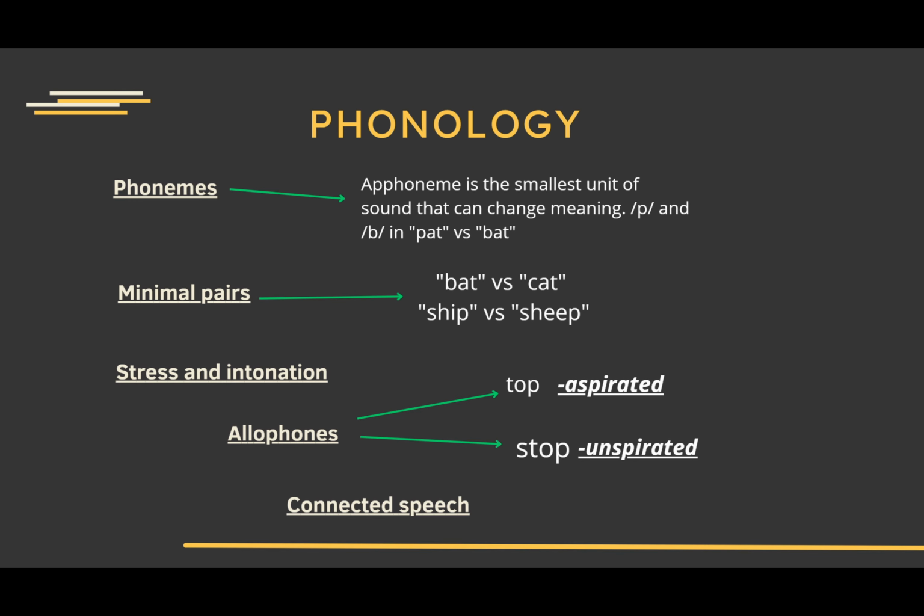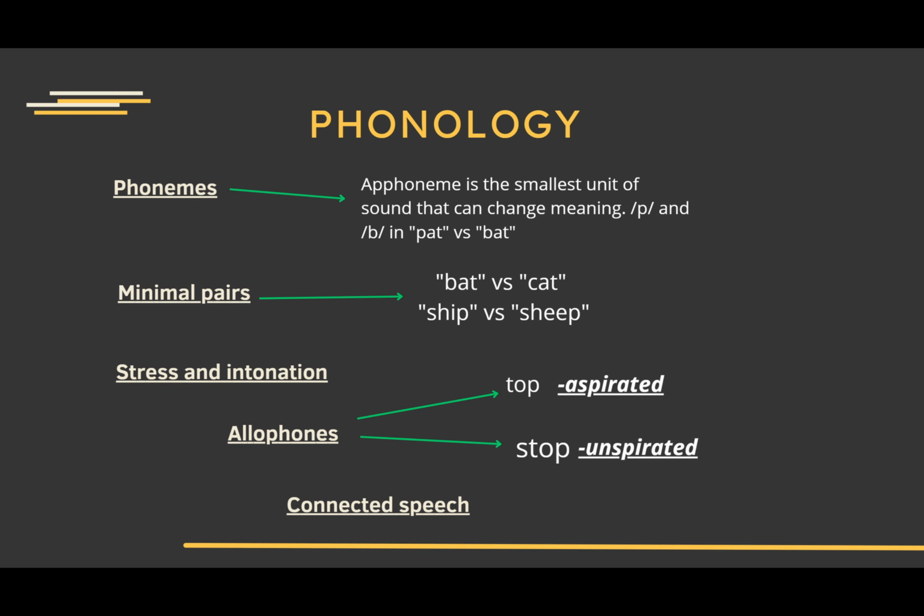And last but not least, we have the concept of connected speech. This is a concept that we worked a lot last year in phonetics and phonology. So basically, when we speak in a natural conversation, we don't pronounce each word separately, right? What we do is we join sounds, we blend sounds together in order to sound more natural when we speak.